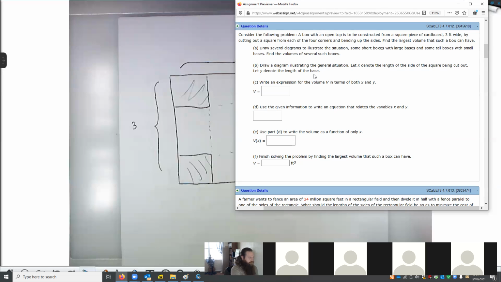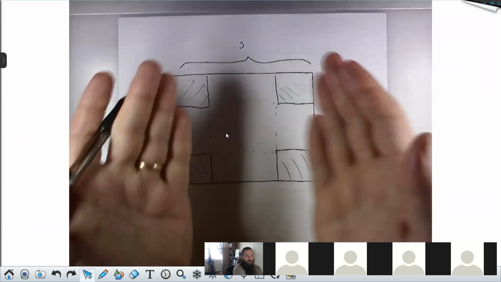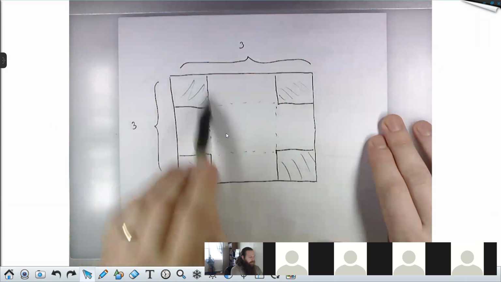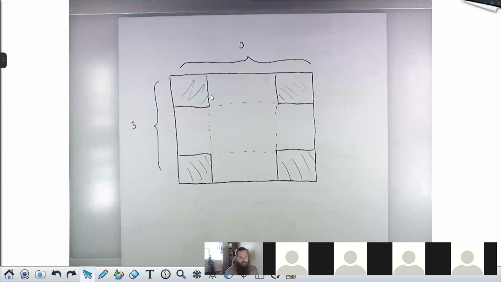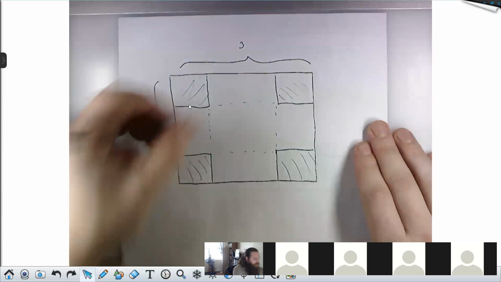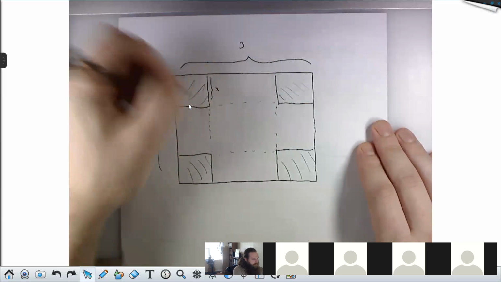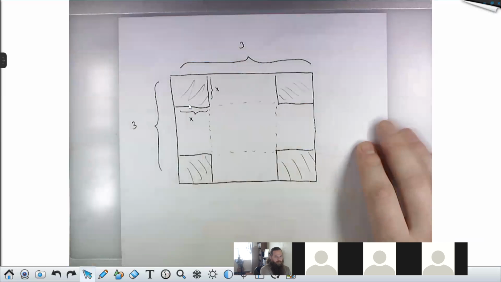So we come back here. In order for this to fold up and create a nice box, these all have to be identical squares, don't they? Yes. Otherwise, the side lengths wouldn't match up. So we're going to call this X. If that's X, then this is X, and so are all the other little guys.